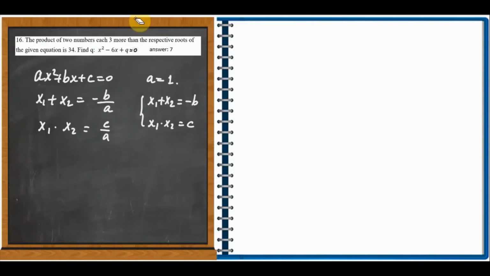Now, let's write the equation one more time. x squared minus 6x plus q equals 0. Alright, so there are two numbers that are each 3 more than the respective roots. It means if the first number is x1 plus 3, the second one is going to be x2 plus 3.